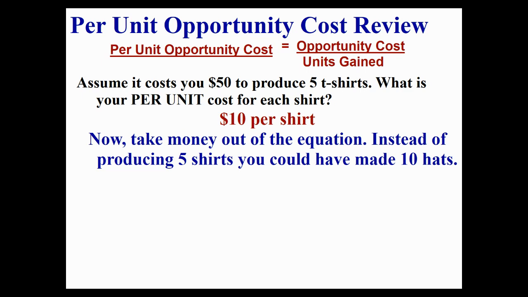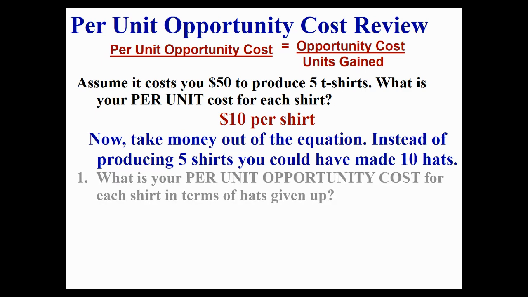Now, take that money out of the equation, and instead of producing 5 shirts, you could have made 10 hats, right? So instead of making 5 shirts, you could have made 10 hats with that same amount. So what is your per unit output for each shirt in terms of hats given up?